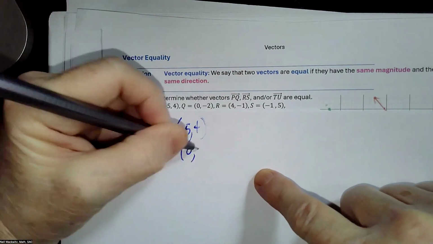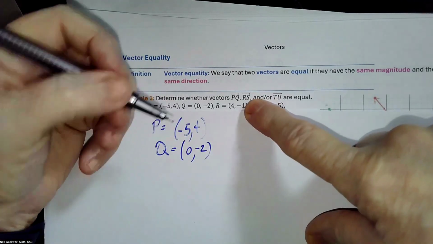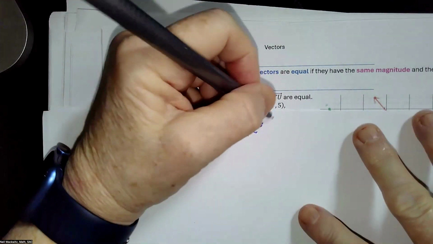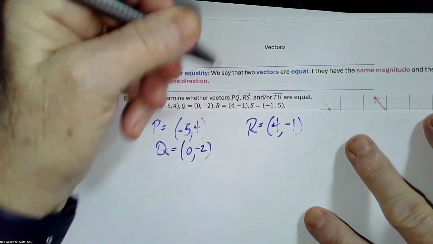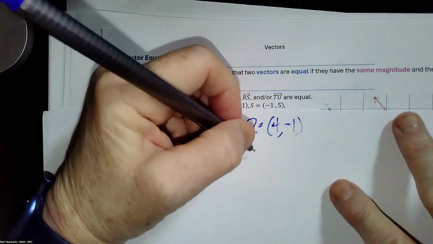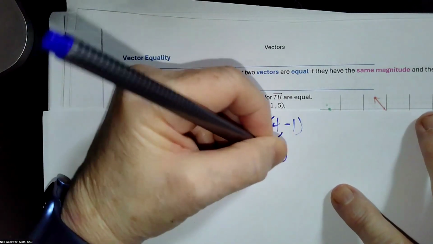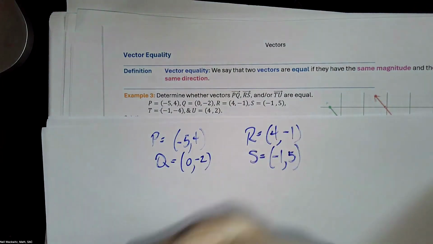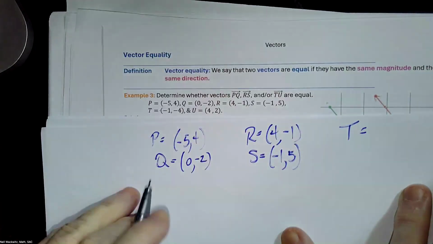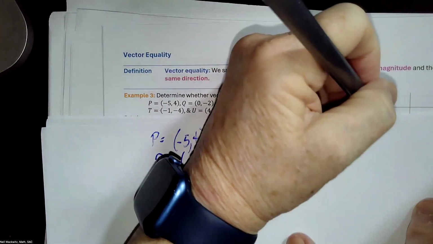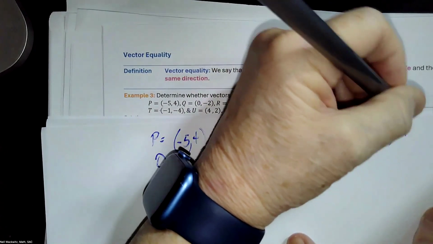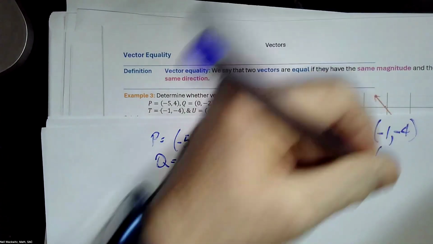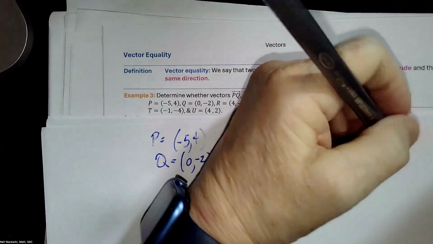Q is 0, negative 2. R is 4, negative 1. S is negative 1, 5. T is negative 1, negative 4. And U is 4, 2.